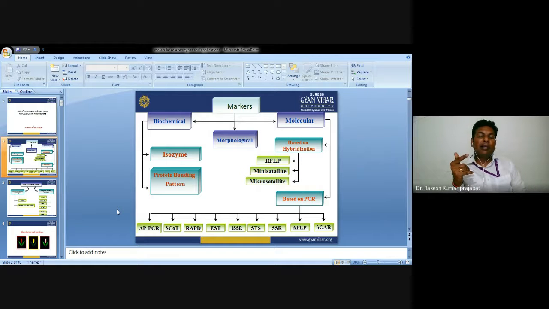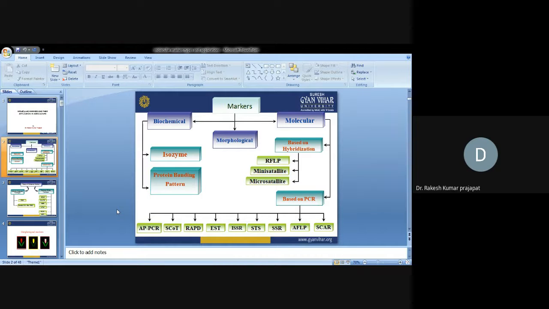These morphological markers can be visualized by our naked eyes, so we call them naked eye polymorphism, because polymorphism is nothing but different forms of a particular trait. We can easily see them by our eyes, so morphological markers are also called naked eye polymorphism.